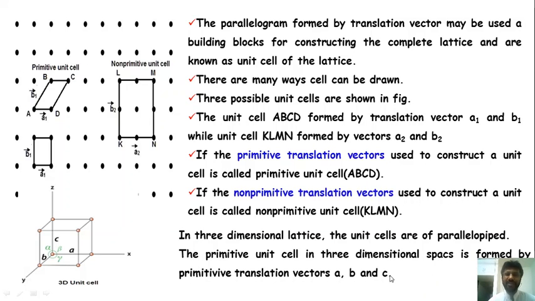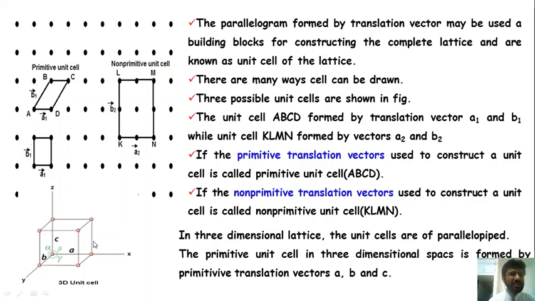Similarly, in a three-dimensional lattice, the unit cells are parallelepipeds. The primitive unit cell in three-dimensional space is formed by the primitive translation vectors A, B, and C, which have the minimum surface area, and all the lattice points are at the corners.